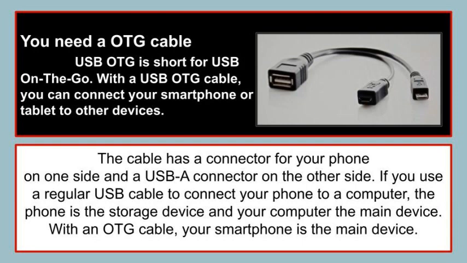The cable has a connector for your phone on one side and the USB-A connector on the other side. If you use a regular USB cable to connect your phone to a computer, the phone is a storage device and your computer will be the main device. With the OTG cable, your smartphone is the main device.